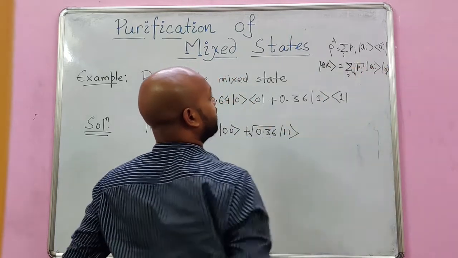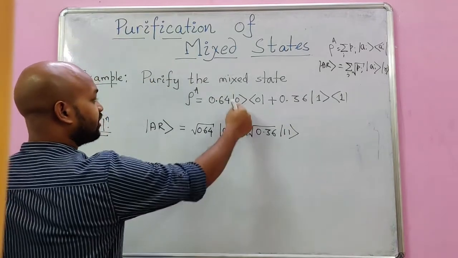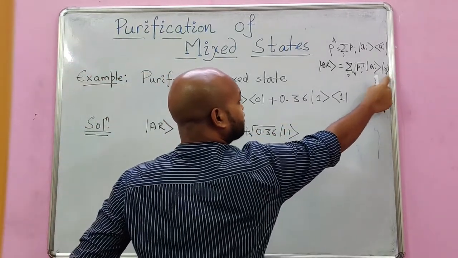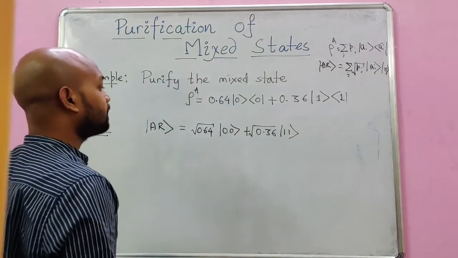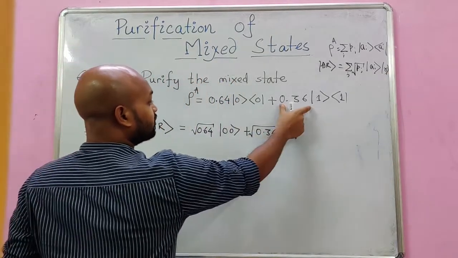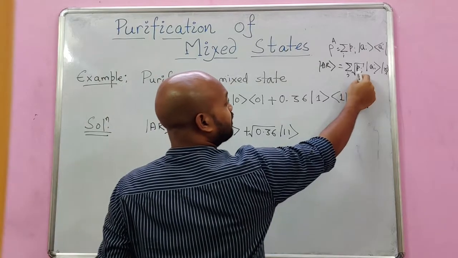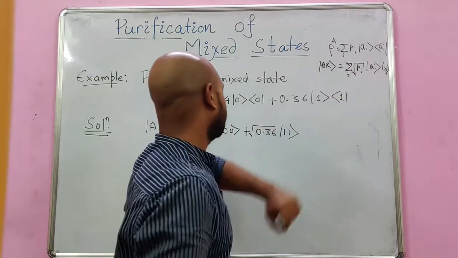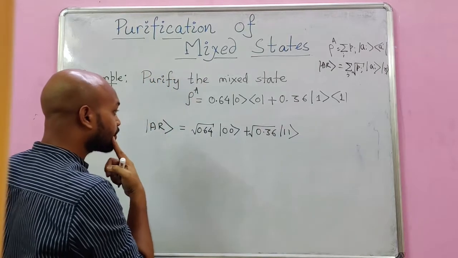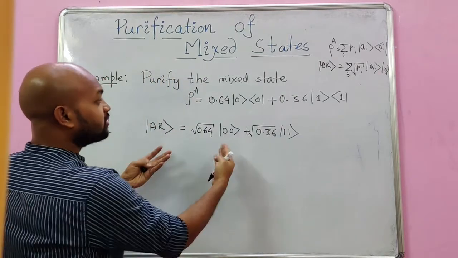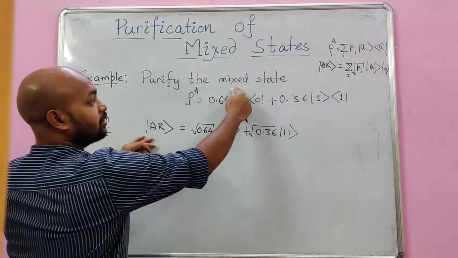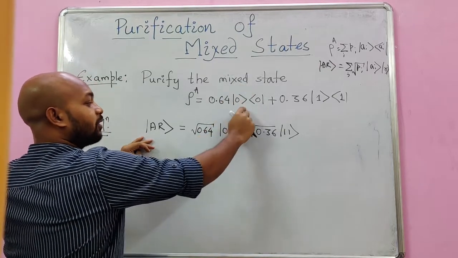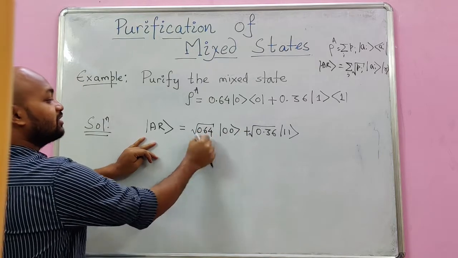So this A_i is the same, which is the reason I take 0 0, because this is going to be the same basis, the i index, and then the square root of 0.36 because this is the square root of the p_i above. So this is the pure state that represents this mixed state, or the pure state to which we can purify this mixed state.